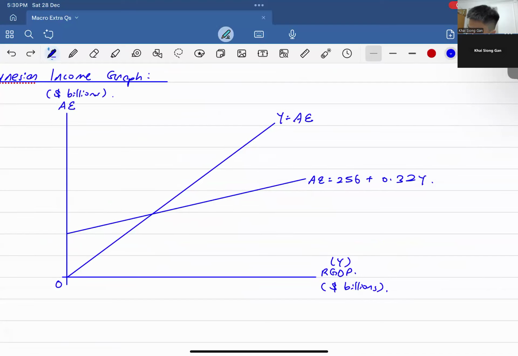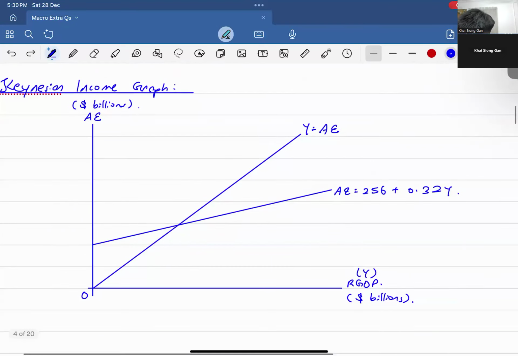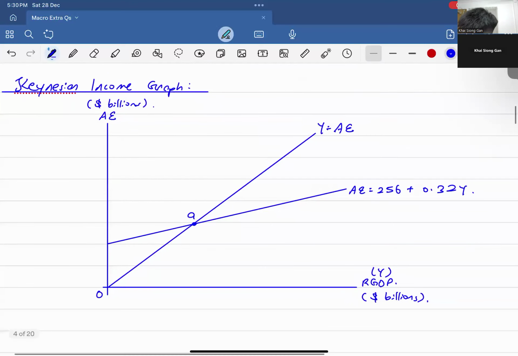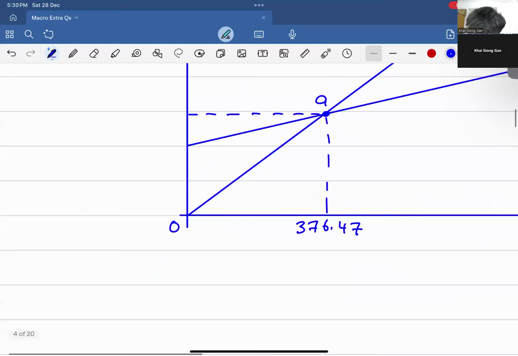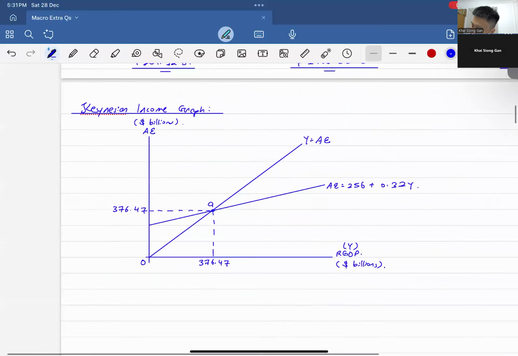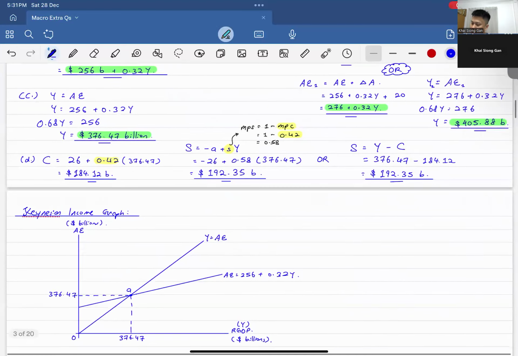Now this is the initial equilibrium at point A. This is my initial equilibrium output, which is 376.47, and here will also be 376.47. That's the initial equilibrium real GDP.